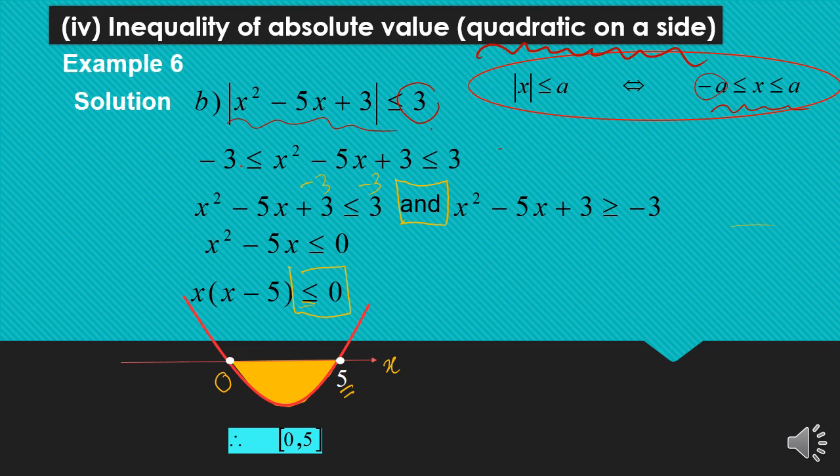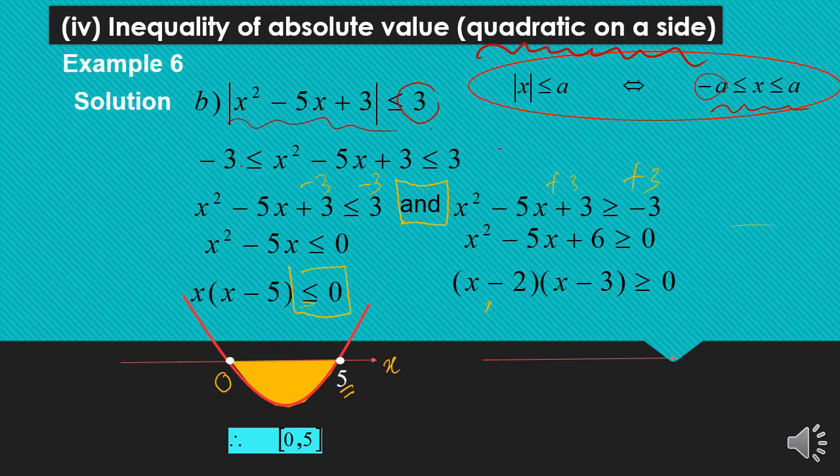So x squared minus 5x plus 3 more than or equal to negative 3. What we can do is add 3 on each side. So we have x squared minus 5x plus 6 more than or equal to 0. Factorize the quadratic expression. What we have is x minus 2 multiplied by x minus 3 more than or equal to 0.